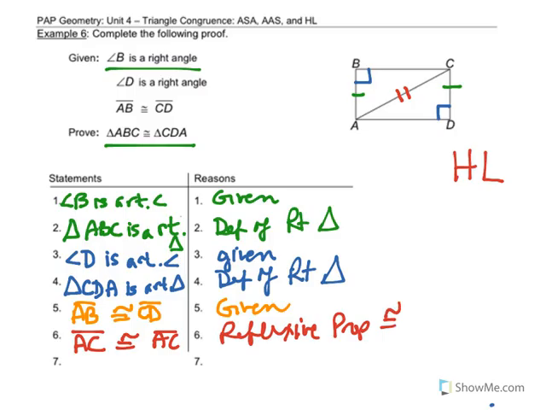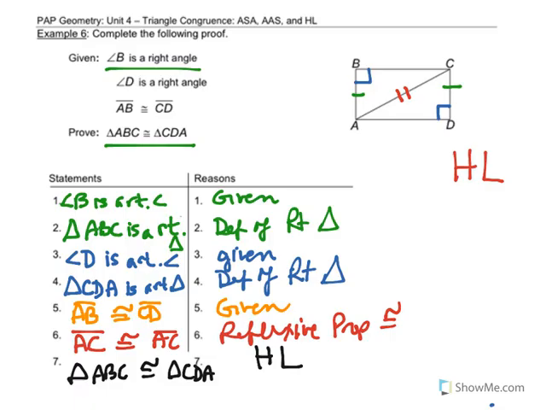And do we have everything we need? I think so. We can say triangle ABC is congruent with triangle CDA. And how do we know that? HL, hypotenuse leg. And remember, those statements have to show up in the proof.